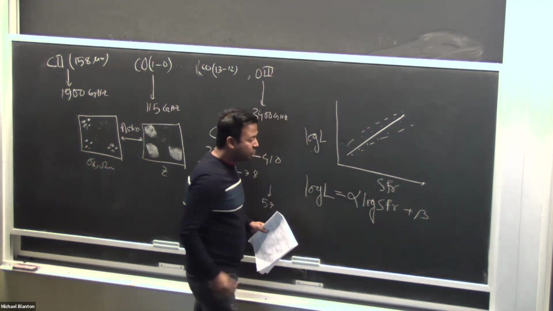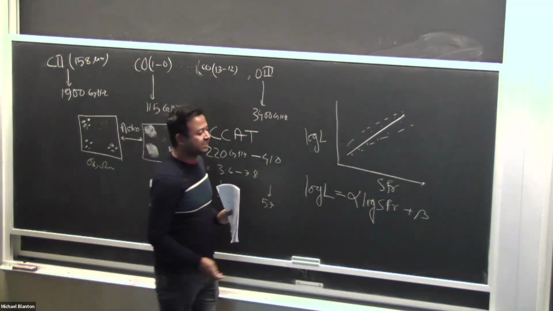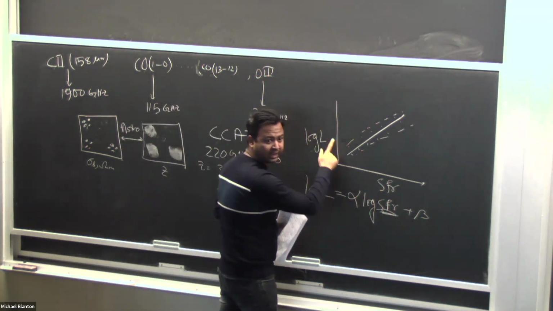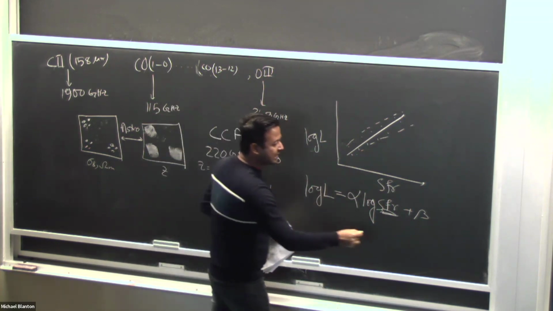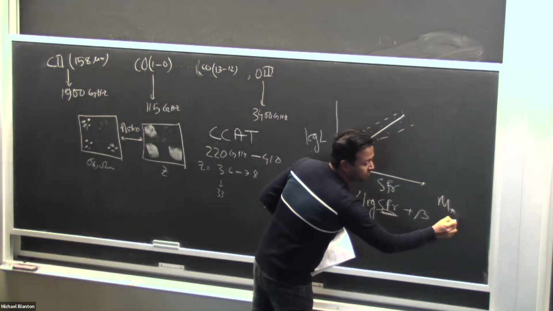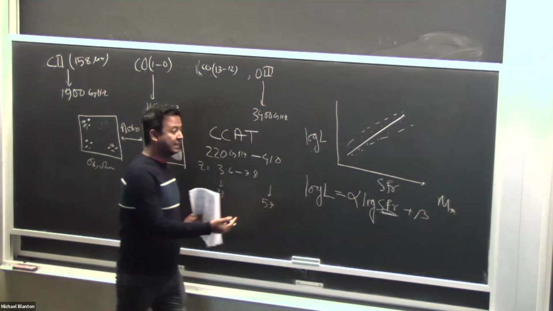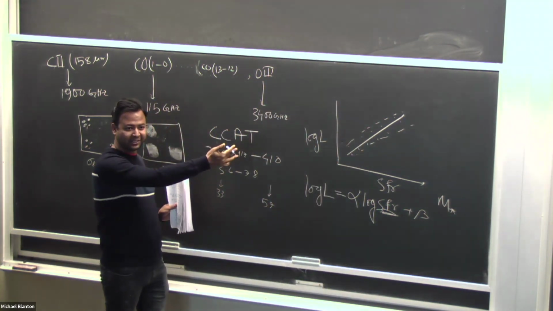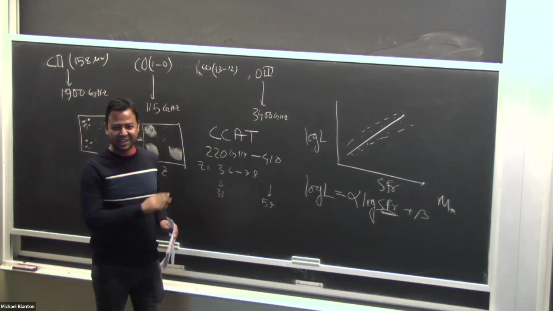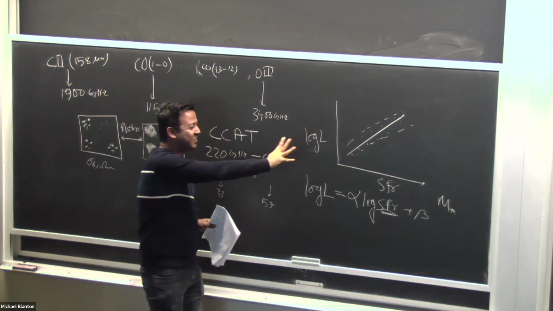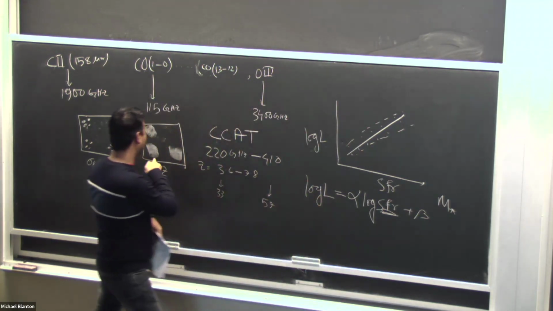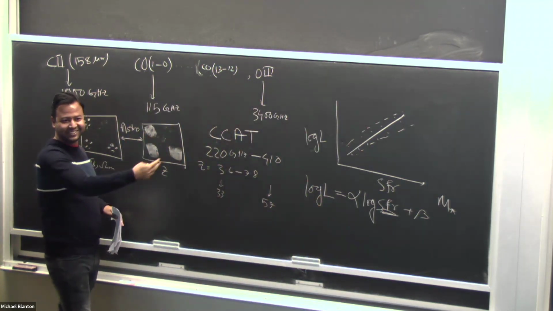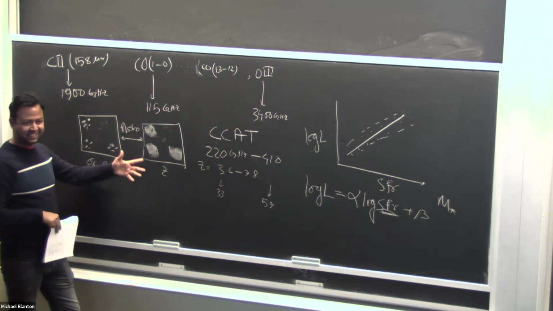Now we are debating whether the star formation rate is the best tracer of line luminosities or not. It may be the M star, the total mass of the new stars, that is strongly correlated with the line luminosity. I am not an expert in that modeling, I work mostly on cosmology, so we take it for granted: let me first model it, then we'll see what the observational challenges are and so on.